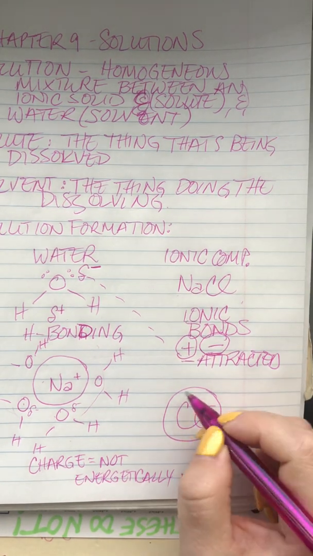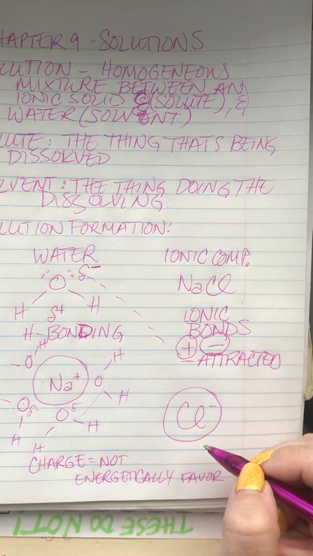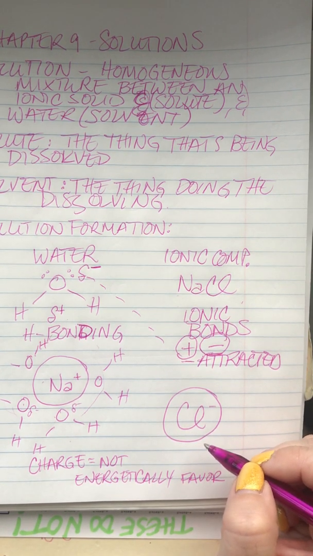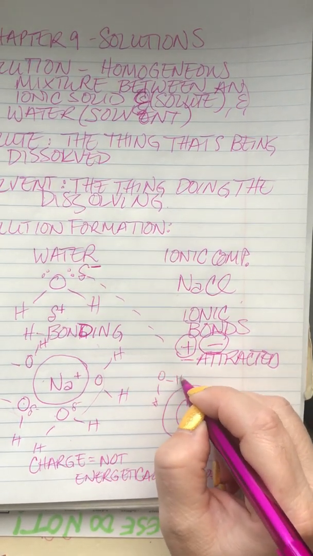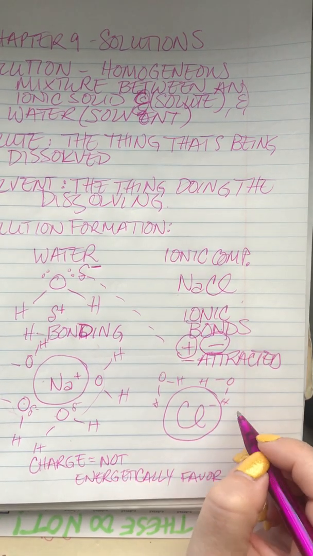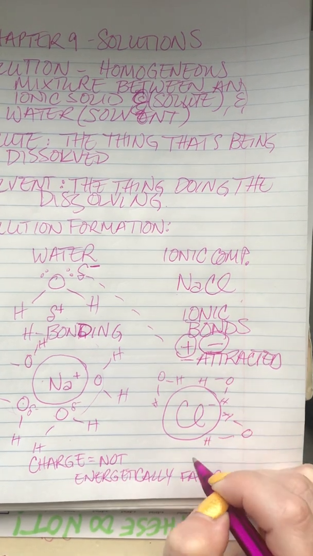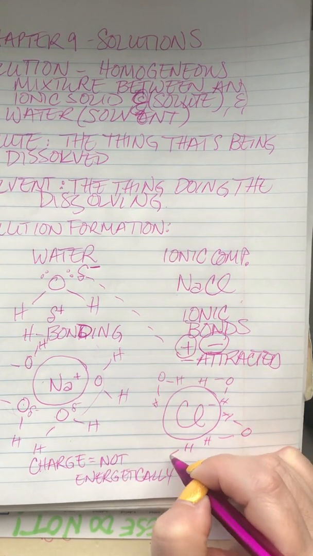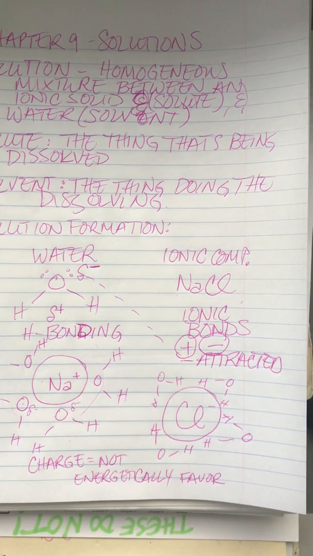So then with the chloride ion, what part of the water molecule is going to be attracted to the chloride? Hydrogen. The hydrogen, exactly. I promise I'll have much prettier pictures in the lecture notes, but something like that.